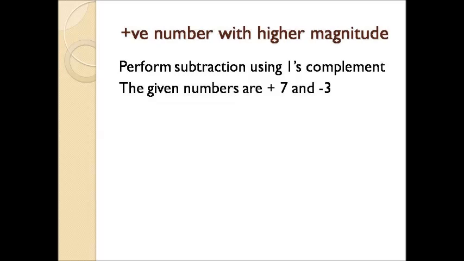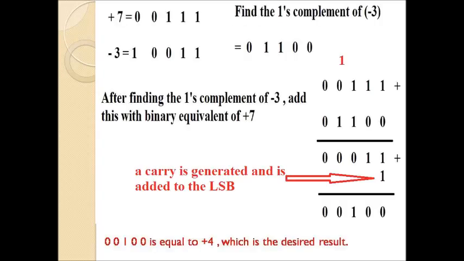Let's see our first category, that is a positive number with a higher magnitude. I am giving you the same example, plus 7 and minus 3. Here you can see that the positive number has the higher magnitude. So let's see how we can perform the subtraction using the 1's complement. Here are the steps: we are provided with two numbers, plus 7 and minus 3.